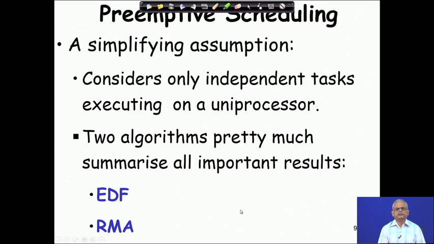As I was saying, a large number of event driven schedulers are available, but if we look at all those, we find that those are basic variations of two main types of schedulers. One goes by the name earliest deadline first, EDF, and the other is rate monotonic analysis.